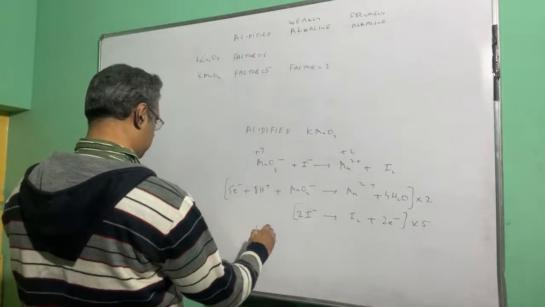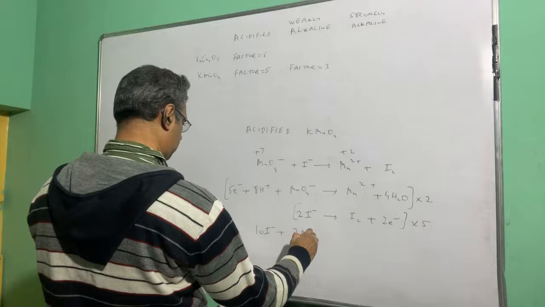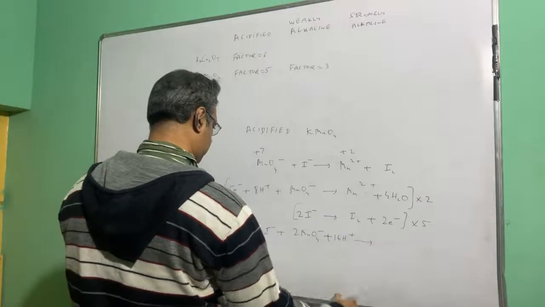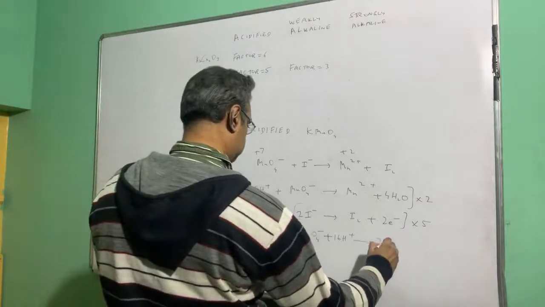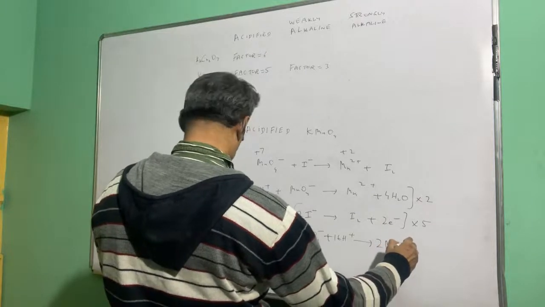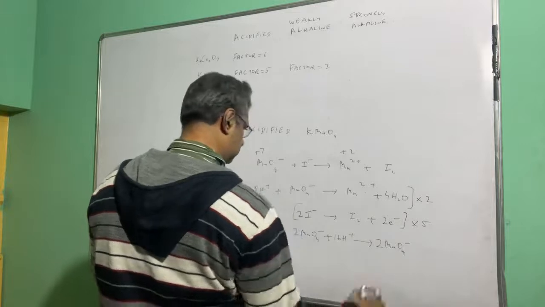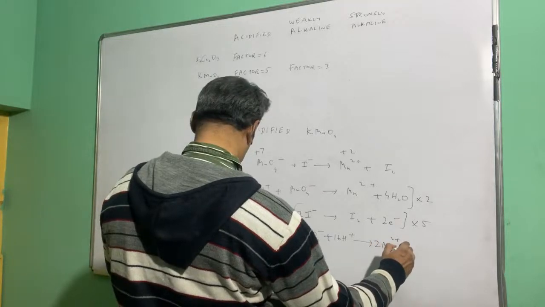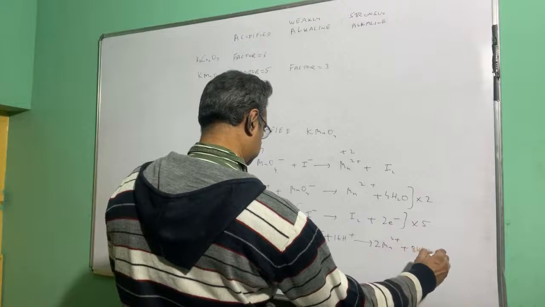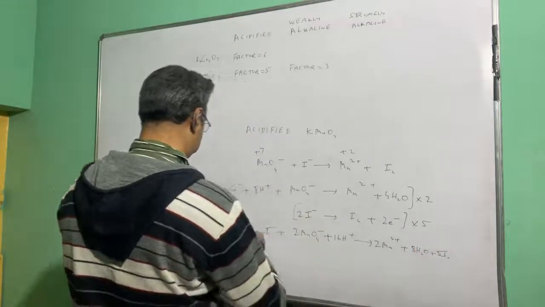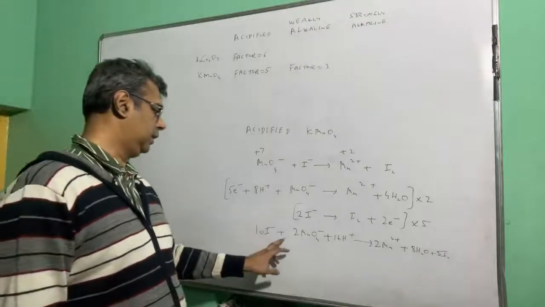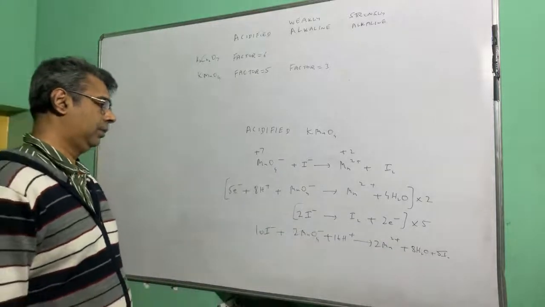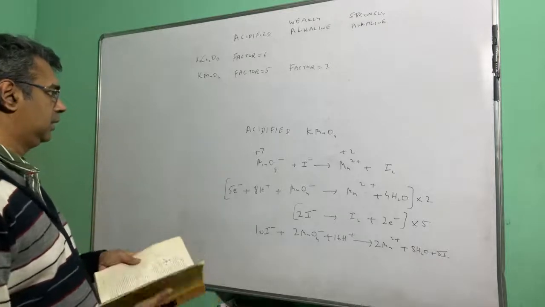So if you add these two, this is what you will get. 10I minus plus 2MnO4 minus plus 16H plus is 2Mn2 plus plus 8H2O plus 5I2. So this will be the reaction with acidified KMnO4.